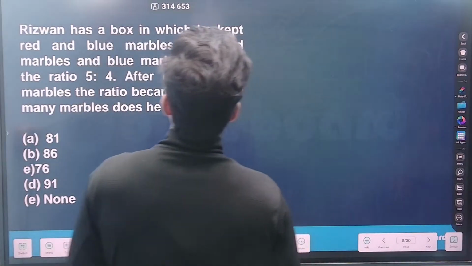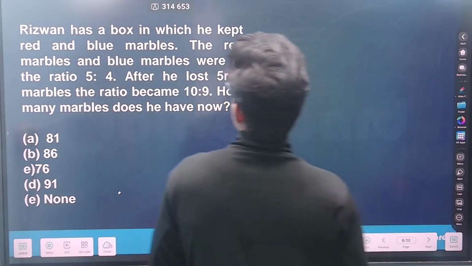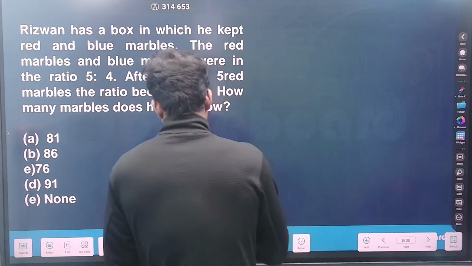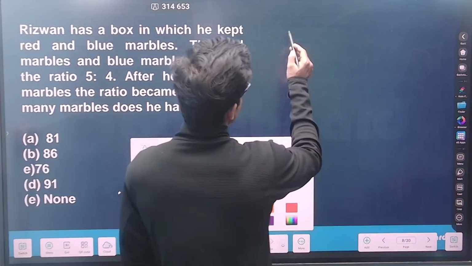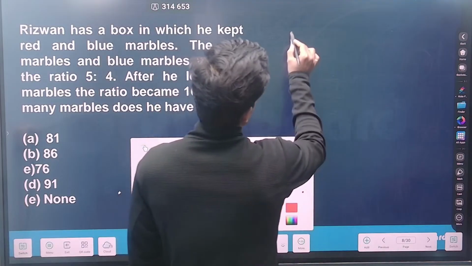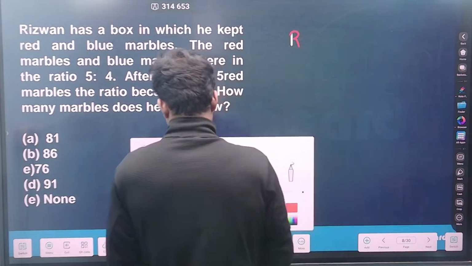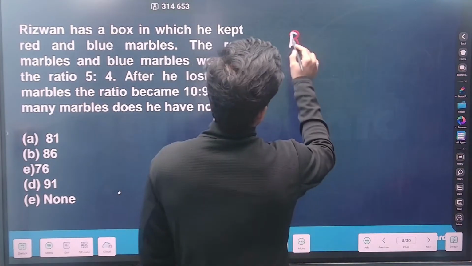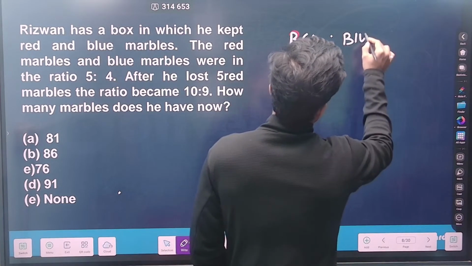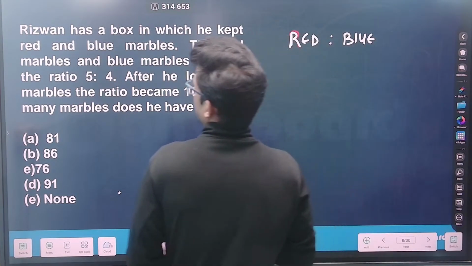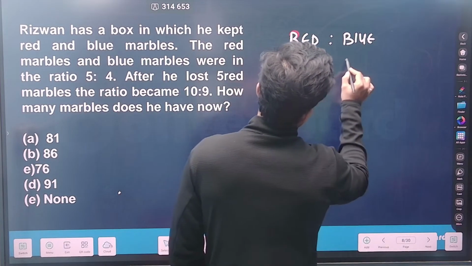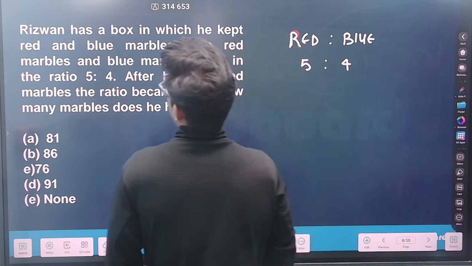Rizwan has a box in which he kept red and blue marbles. The red marbles and blue marbles were in the ratio 5:4. So I would write the red marbles and blue marbles are in the ratio 5 is to 4.